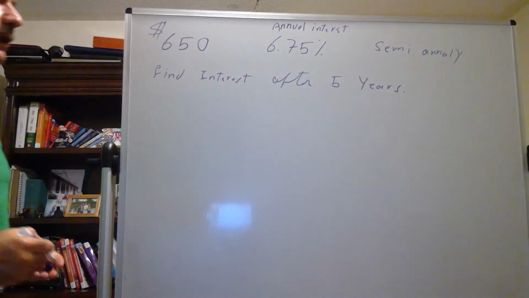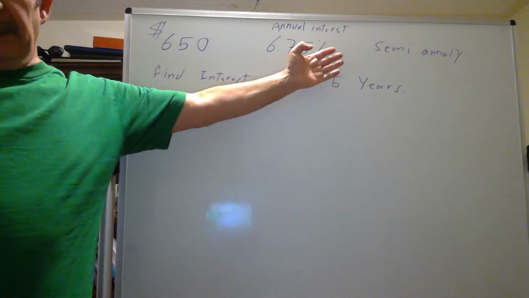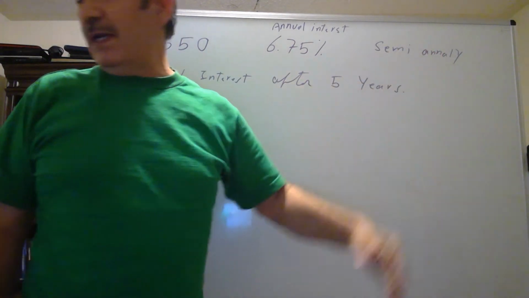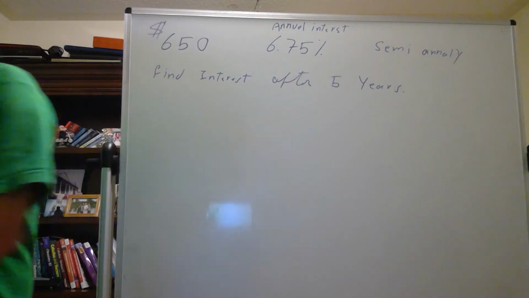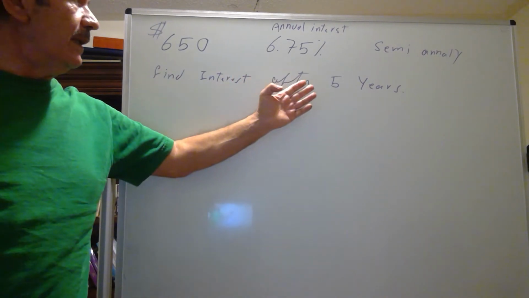Okay. So if you want to use the compound interest table, first we should go to the table with the title of semi-annually. Semi-annually is twice per year.